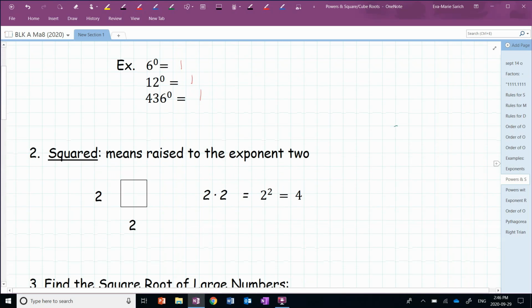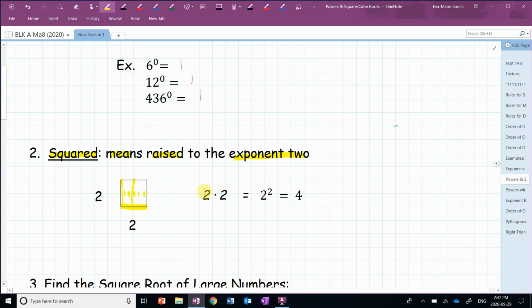Okay, moving on, we're looking at the word squared. Squared means raised to an exponent of 2. Now that comes from the fact that a square has a height and a width that are the same. And when you make a square, you end up with, in fact, 4 small squares inside.